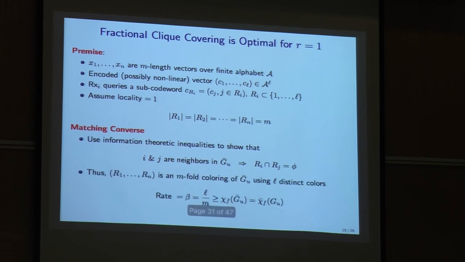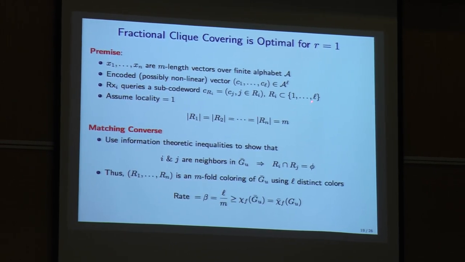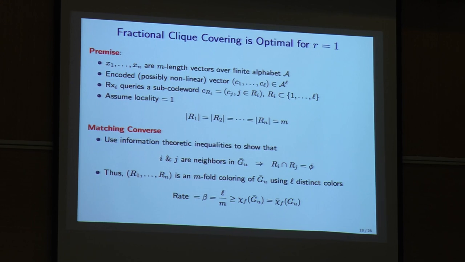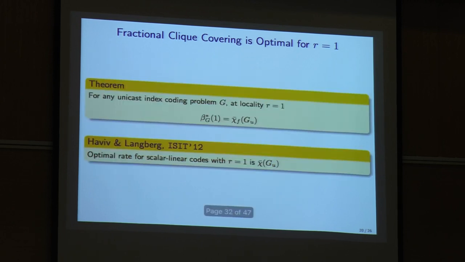So if you think of R1 to Rn as colors that you associate to vertices of this G_U bar, then this induces an L is to M coloring. If you know what this means, I'm very sorry about it. But that means that the rate that you achieve, L is to M, is at least as much as the fractional chromatic number, which happens to be equal to the fractional clique covering number of G. So basically, we now know that if you want the minimum locality R equal to 1, what is the best rate possible?